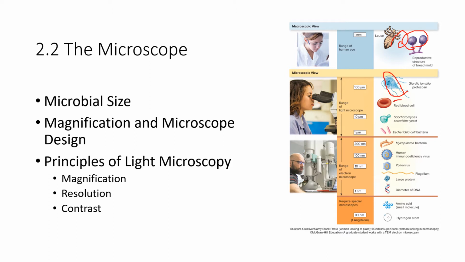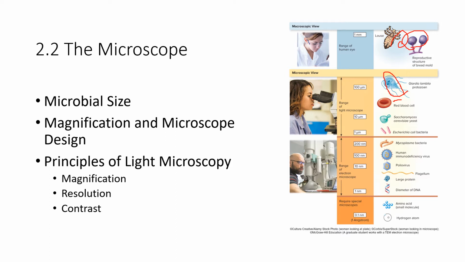Now we're at the point where you need a light microscope. A light microscope uses the light from a light bulb, passes it through the specimen on a glass slide, through objective lenses, through the ocular lenses, and then you see something.